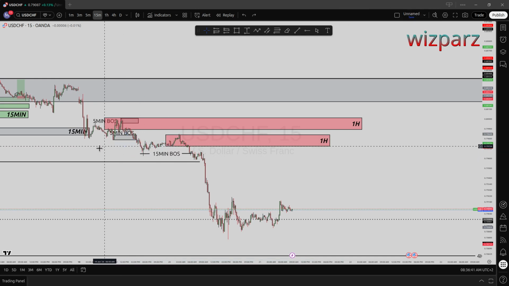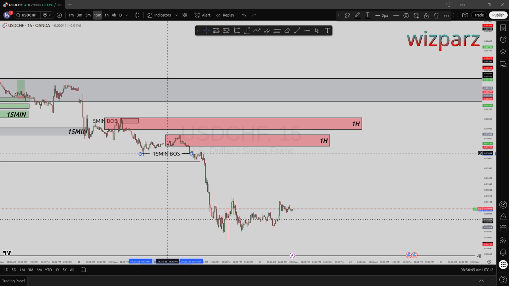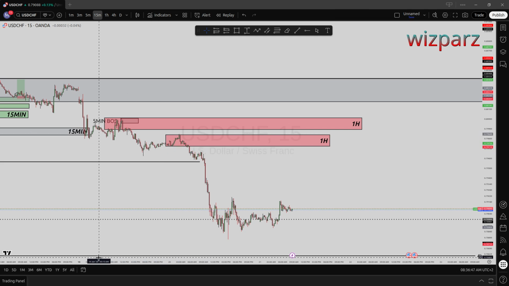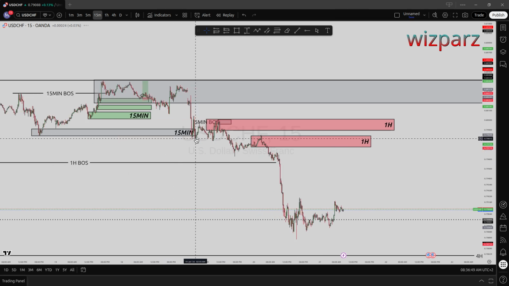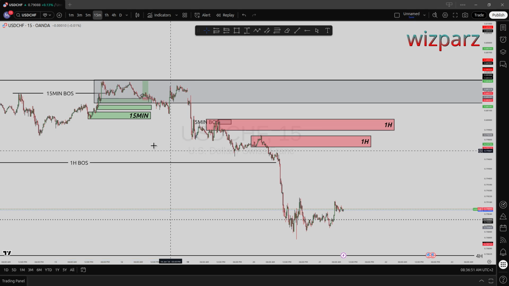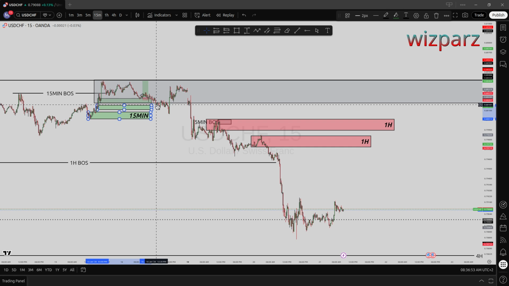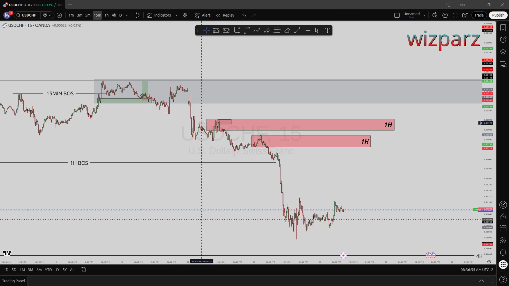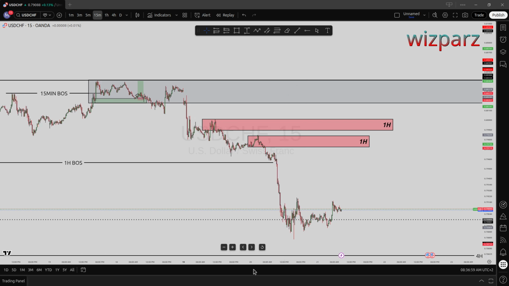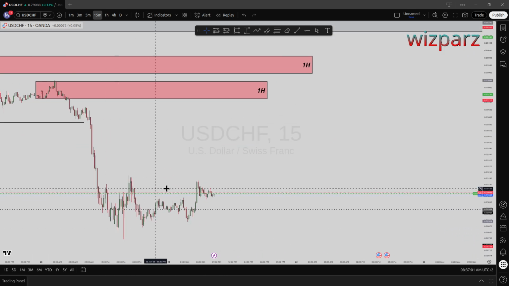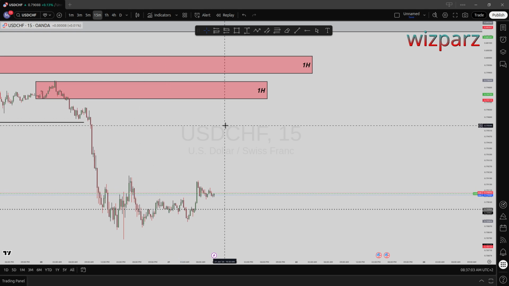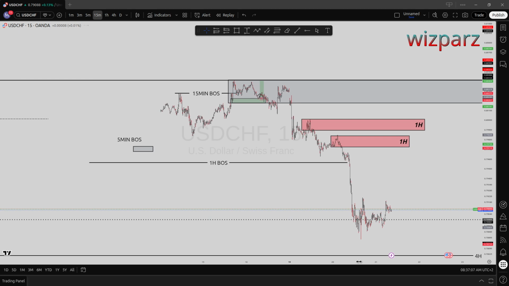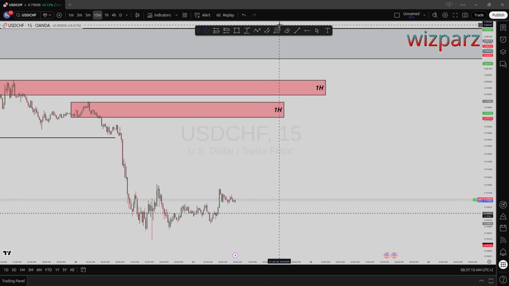If I am going to trade the 1 hour trend, we can clearly see that the market right now is in consolidation.